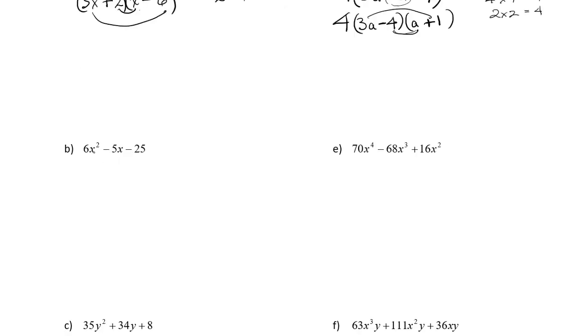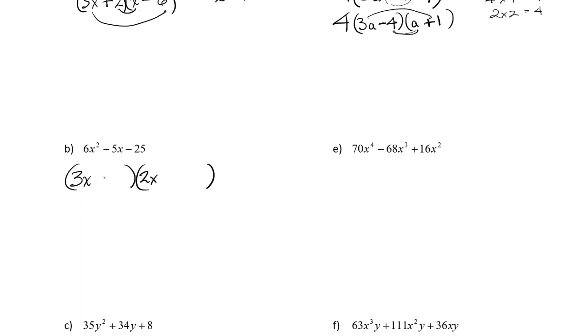We have 6x squared minus 5x minus 25. And so I'm checking for common factors and there aren't any, so I'm going to move on to factorization. I need something that multiplies to 6x squared, so I'm going to try 3x and 2x.